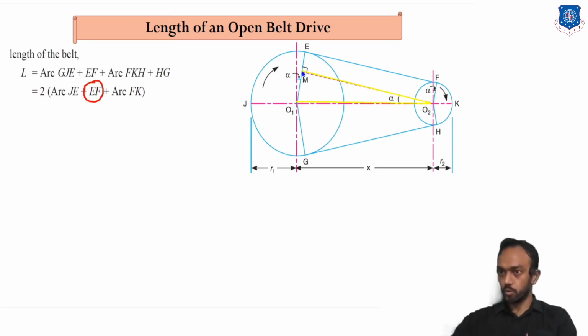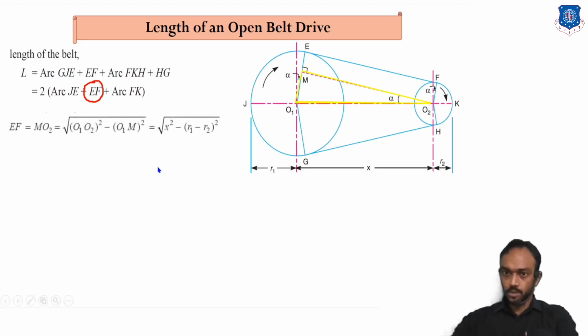So now we are going to find EF by considering this triangle O1 O2M. By considering this triangle, EM will be the square root of O1 O2 square minus O1M square, and you already know that O1 O2 is nothing but the center distance. So you can put O1 O2 as x, and O1M is equal to up to this, total R1 minus R2. So it will be R1 minus R2.